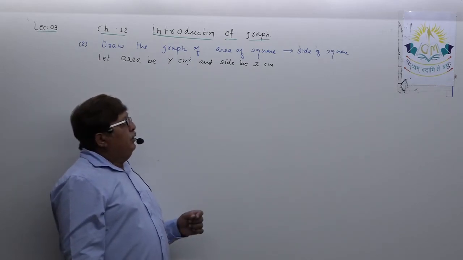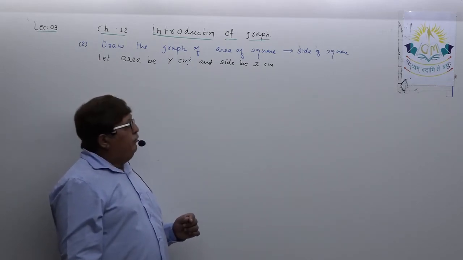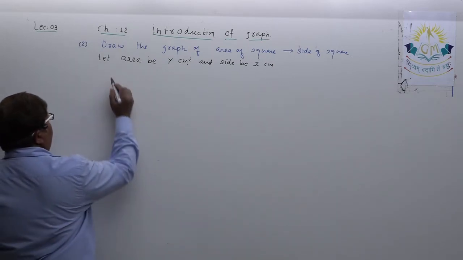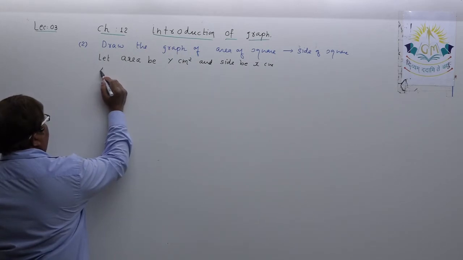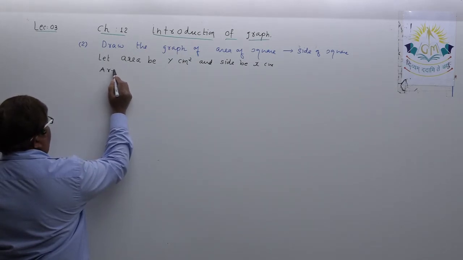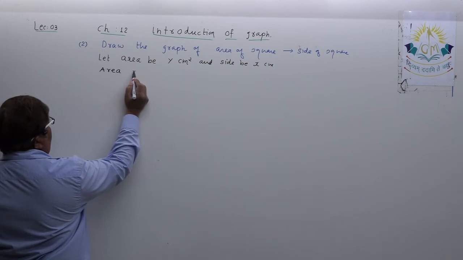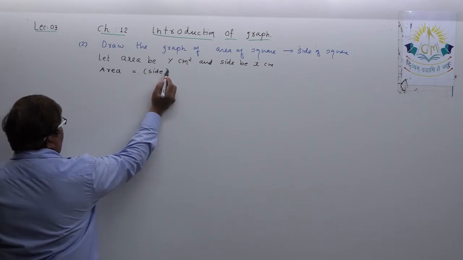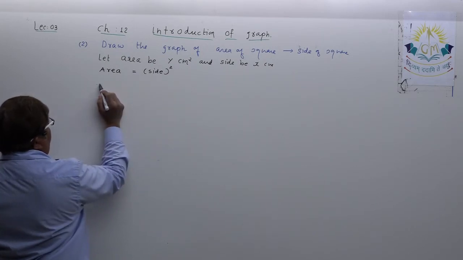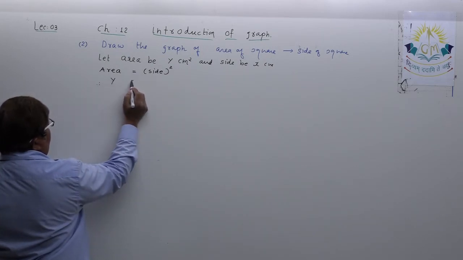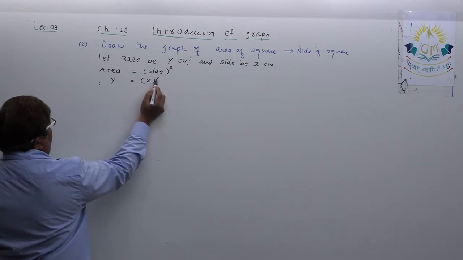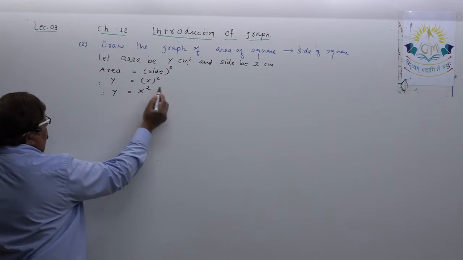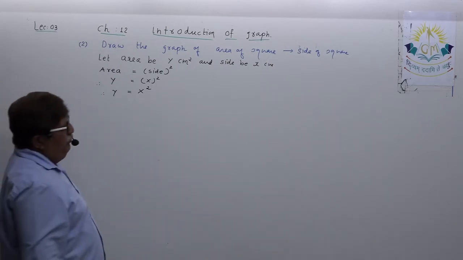First is area of square, second is side of the square. So, can I write the formula of area of square? What is that? Area equal to side squared. Area means y, side is x. So the basic equation you got is y equal to x square.